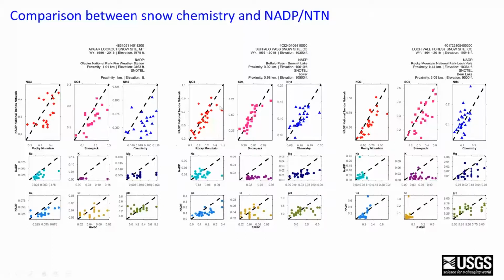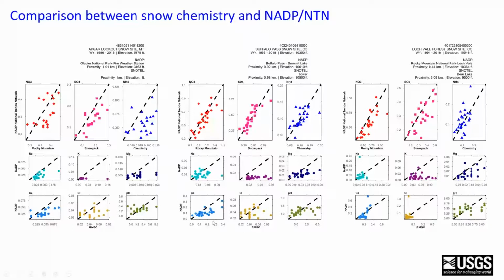You can see nitrate and sulfate and ammonium, for instance, compare quite well between these observations. We have snowpack chemistry on the x-axis and NADP on the y-axis. Whereas some of these other ions, like base cations, are weighted more towards the snow chemistry, and it's highlighting the importance of the dry deposition component.